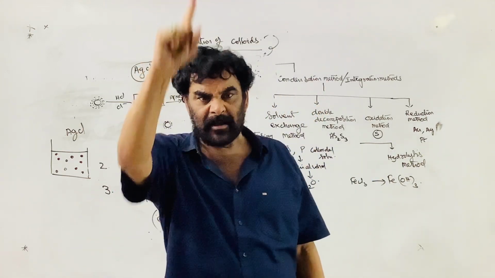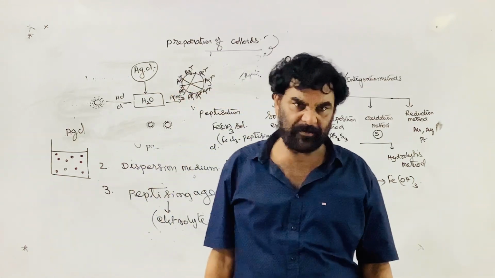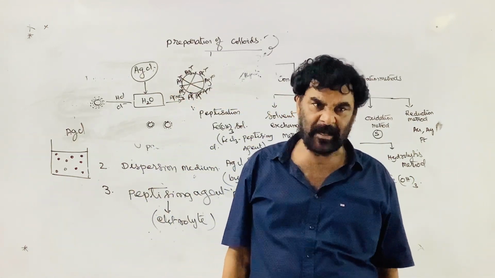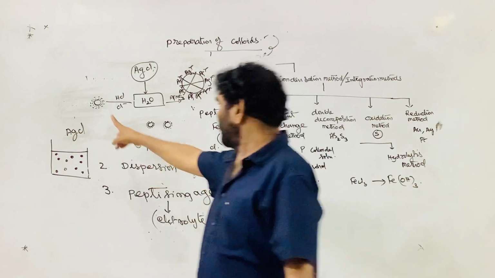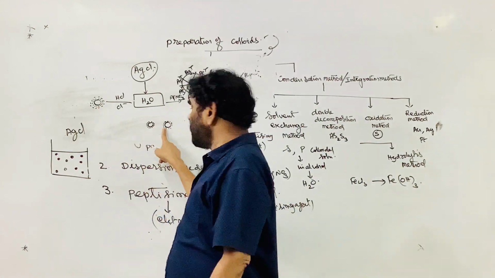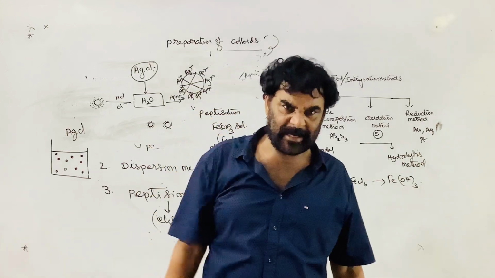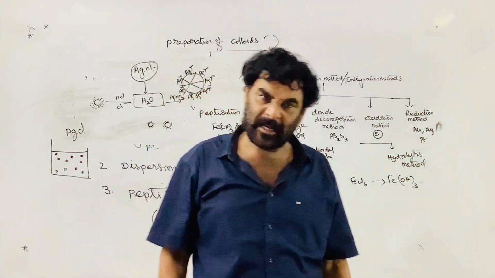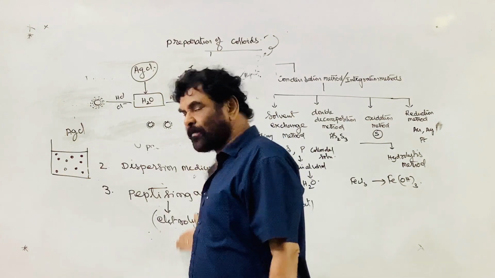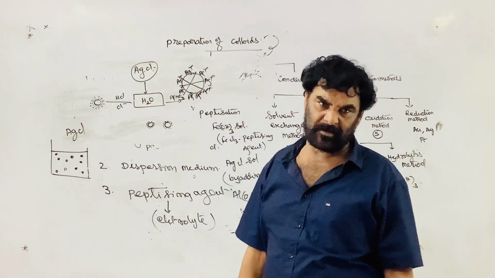They remain permanently in the colloidal form as long as they have the charge. Here negatively charged, here positively charged. Which charge is created on the surface of the colloid depends on the nature of the peptizing agent used.